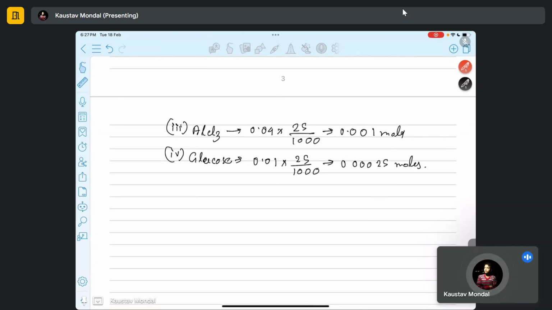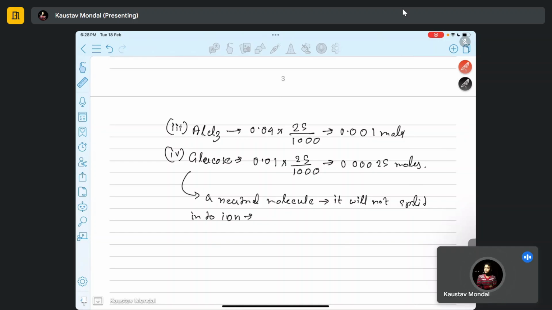And one more important thing about glucose is that it is a neutral molecule, right? What does that mean? It will not split into ions.